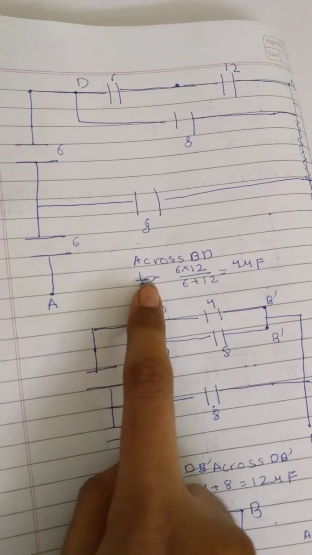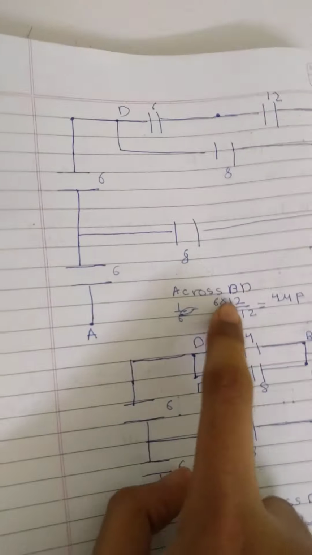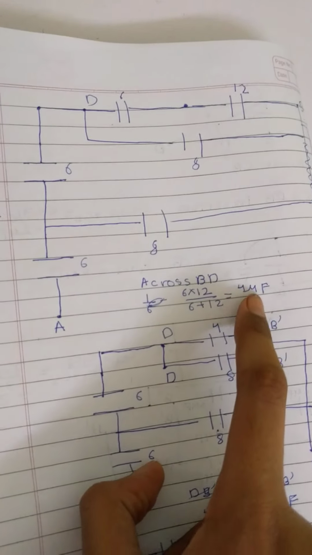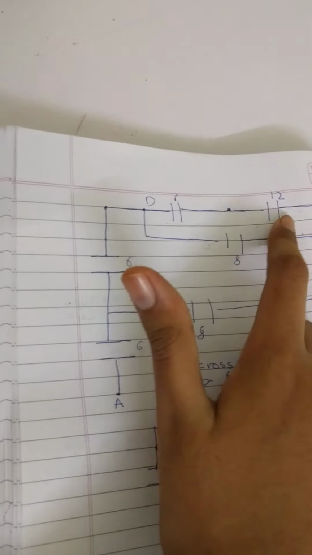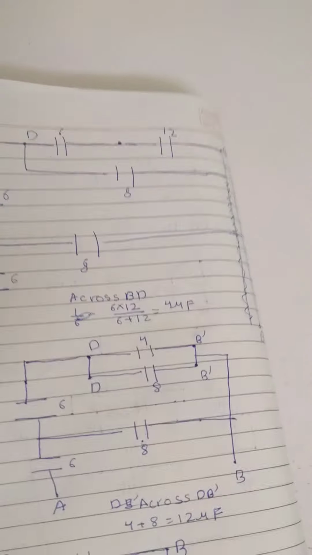I can just write C equal to C1 C2 by C1 plus C2 by taking LCM. See, 6 into 12 by 6 plus 12, which came as 4 microfarads. Now you can just remove this and write 4 microfarads. See, I'm taking the resultant or equivalent.